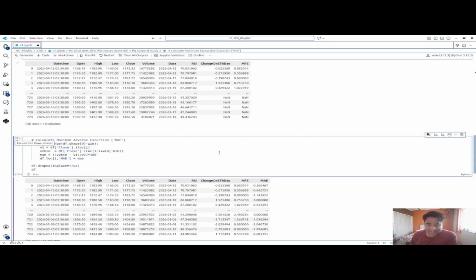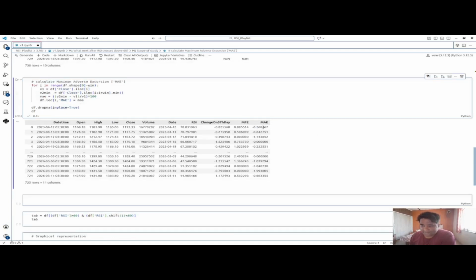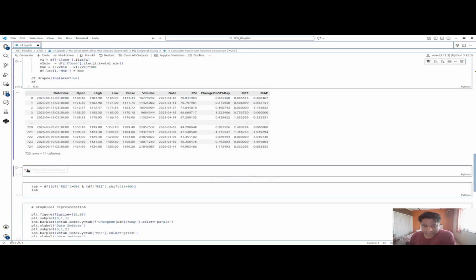Next, MAE, maximum adverse excursion, maximum on the negative side. Okay, see, so this is maximum on the negative side. So this is MAE.